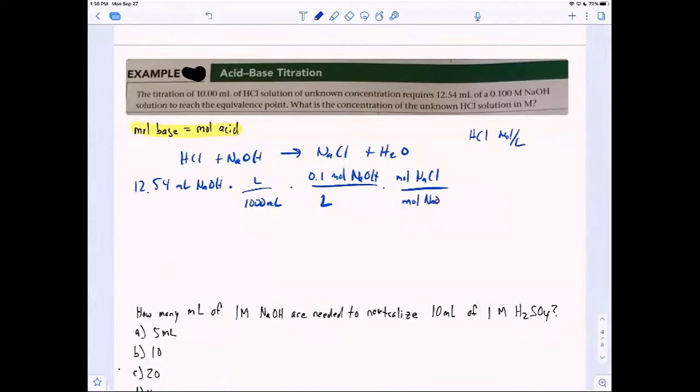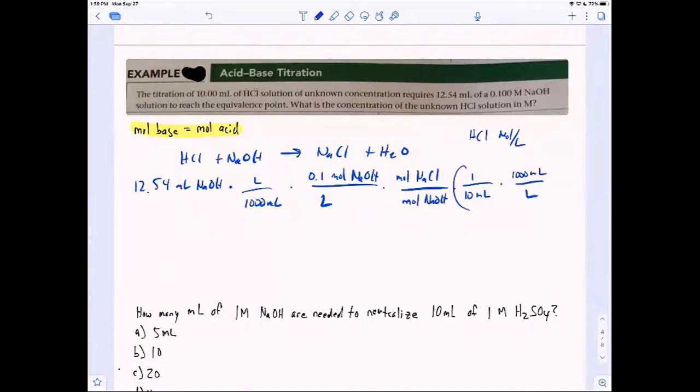mole NaOH. So you can do one of two ways on this. You can stop here to get the moles of hydrochloric acid, or you can do this all in one step and just go 1 over 10 milliliters, and then 1,000 milliliters to liter.